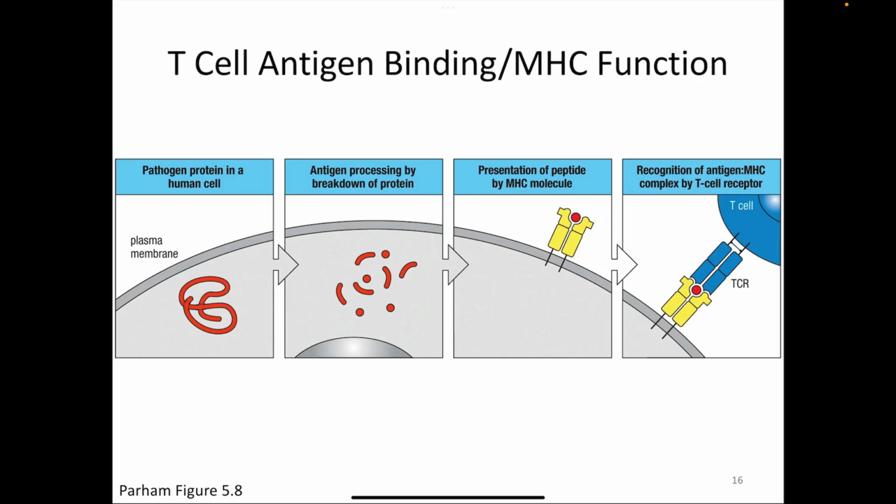That little piece of the pathogen, that red dot, is really what we think of as the epitope here. So this whole protein is the antigen, and that small piece that makes it into the MHC pocket is the epitope.